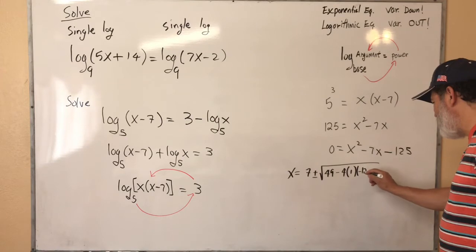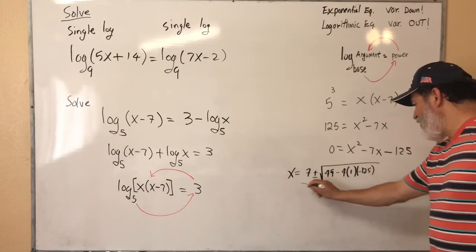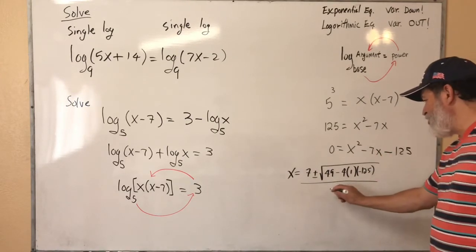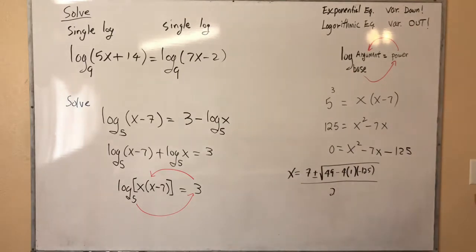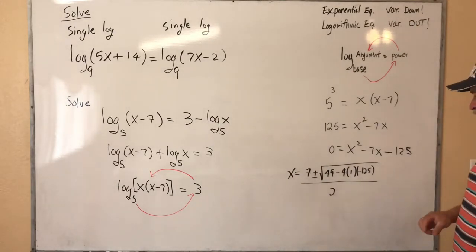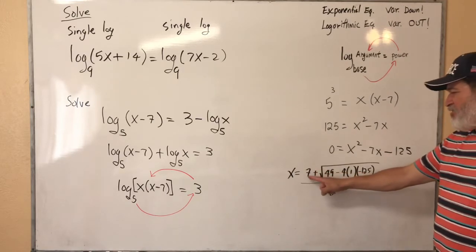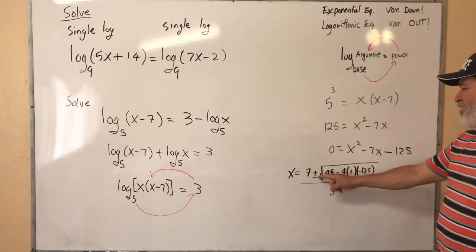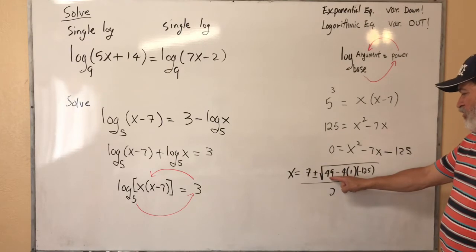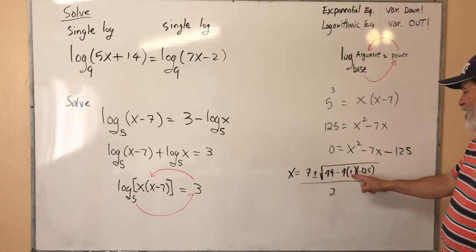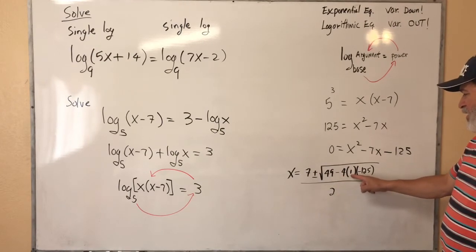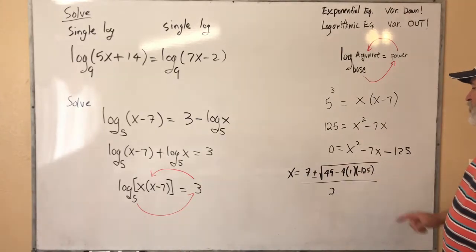Negative 125. All over twice a, 2. The quadratic formula. So 7 plus minus the square root of b squared, 7 squared is 49, minus 4 times a is 1, times c is negative 125.